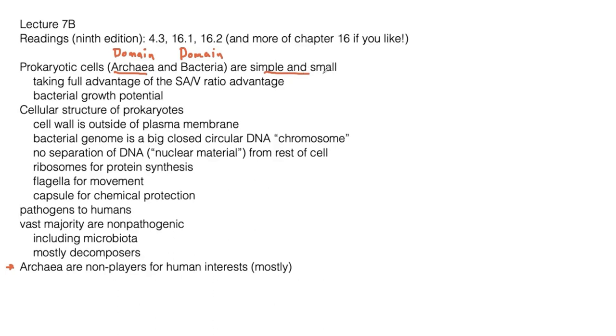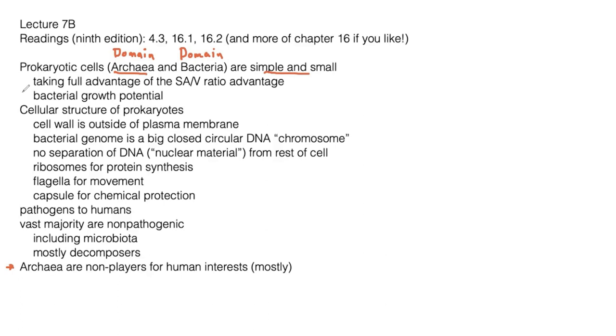And being small in particular, they're taking full advantage of that surface area to volume ratio advantage that we talked about in the previous lecture. Being small, they've got more surface area, more plasma membrane to serve their biomass, and consequently, they're able to do things. Well, like what, Jeff?